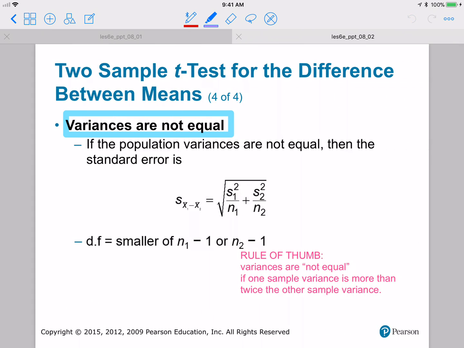Here, the formula for your standard error, if your variances are not equal, is the same as the formula for standard error for a z-test. And just take note that the degrees of freedom is just going to be the smaller of n1 minus 1 and n2 minus 1.